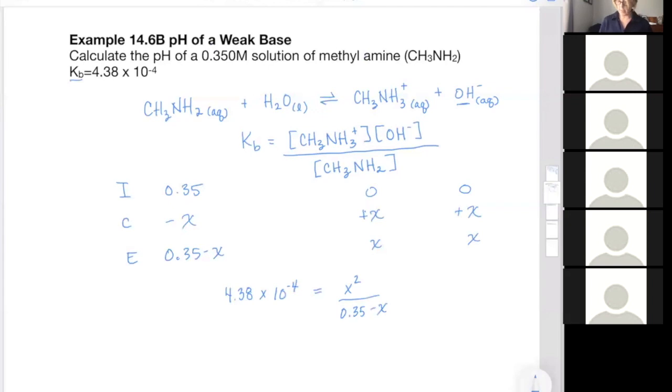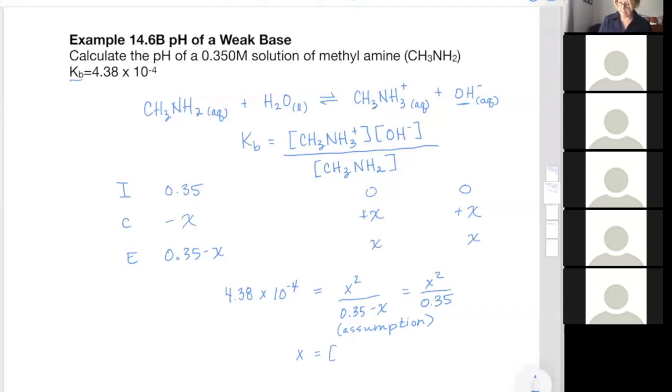We can go ahead and use the assumption rule. So we'll just take off the x in the bottom here, and we'll check it after we've calculated the x. So go ahead and you can calculate the x. You have your calculator with you.